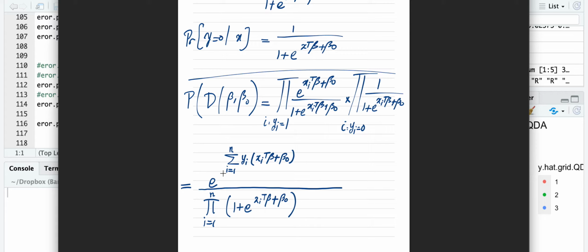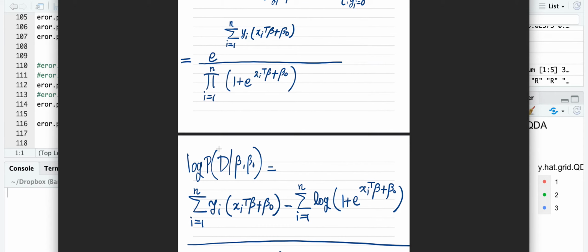If we take the log of this to get the log likelihood, the log likelihood is the log conditional probability of the data given the parameters. So the log probability of the data given the parameters is going to be the sum of yi multiplied by xi transpose beta plus beta 0, minus the sum from i=1 to n of the log of 1 plus e to the power of xi transpose beta plus beta 0.